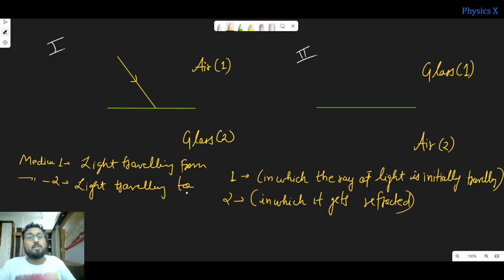These two pointers are important, which I am considering as medium 1 and medium 2.